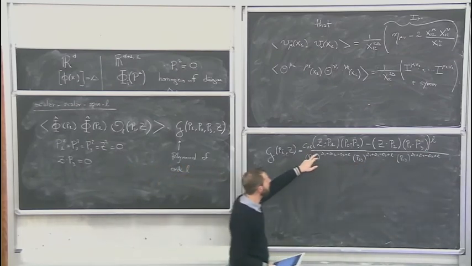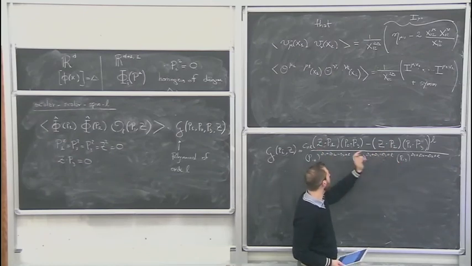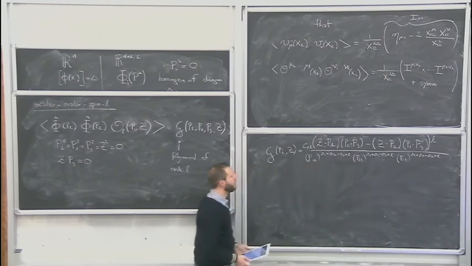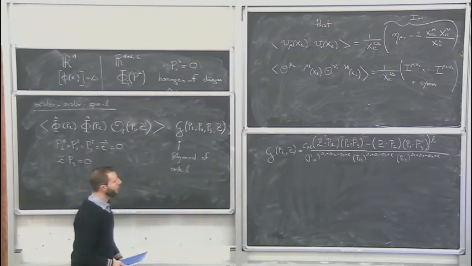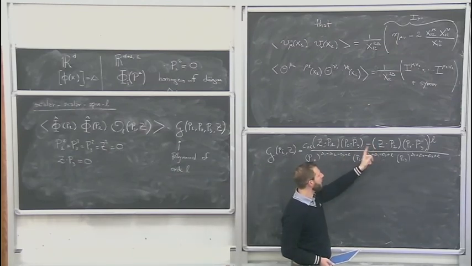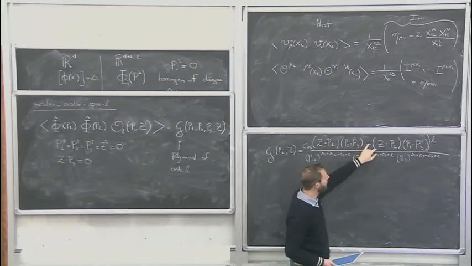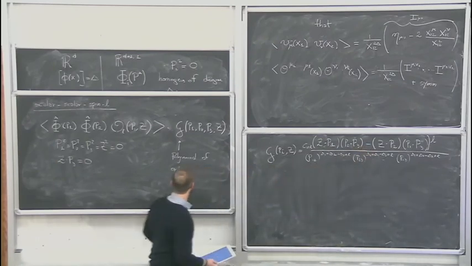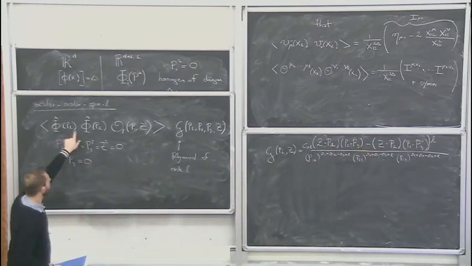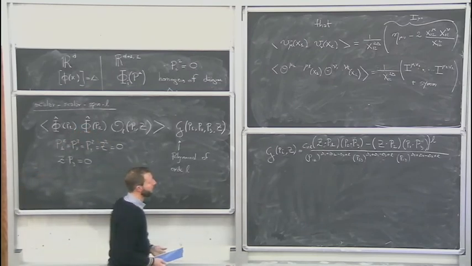You need to have L powers of Z, and Z can only be contracted with P1 or P2. What fixes the relative coefficient here is the permutation symmetry under exchange of P1 and P2, because these are the same operator.